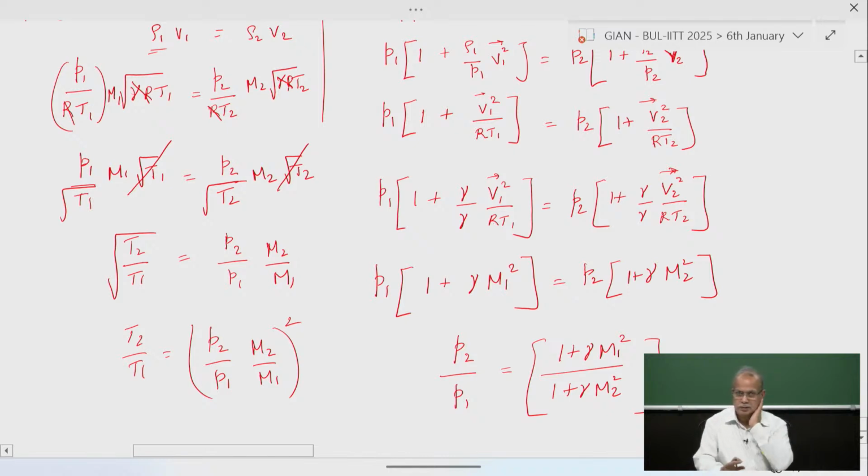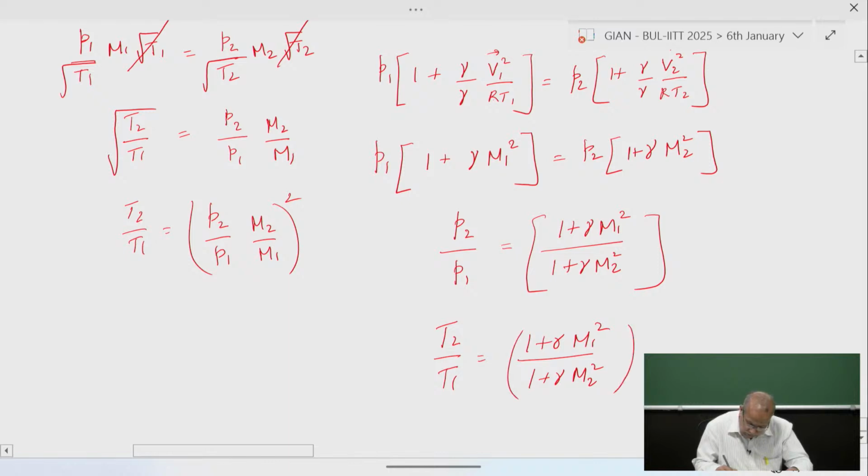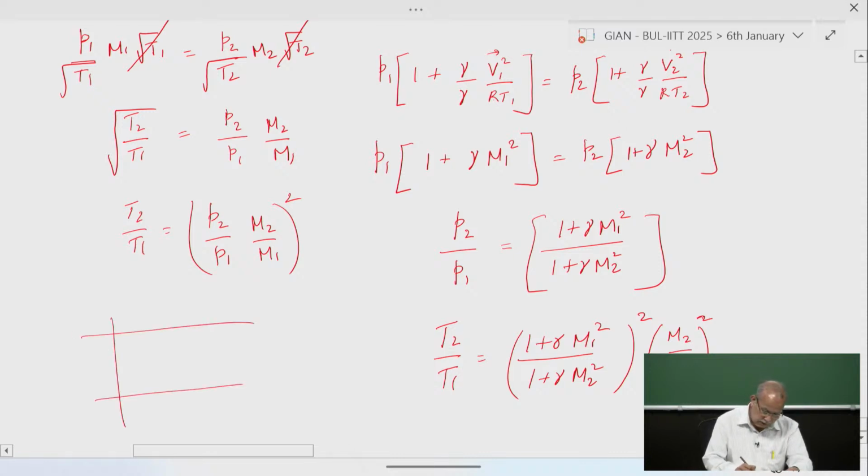Just simple substitution there. So we can write T2 by T1 is equal to 1 plus gamma M1 square by 1 plus gamma M2 square, whole square, into M2 by M1, the whole square. So now we can see in a combustor how this temperature change is taking place.